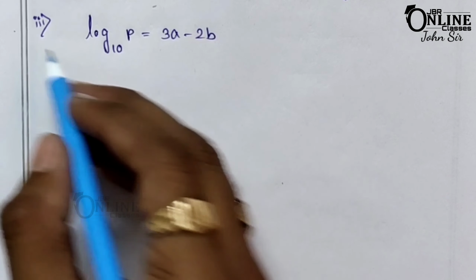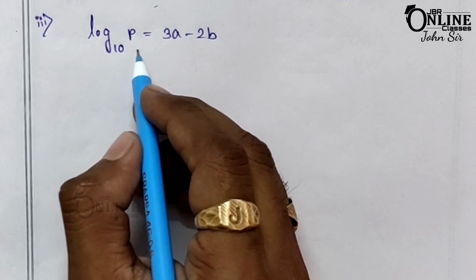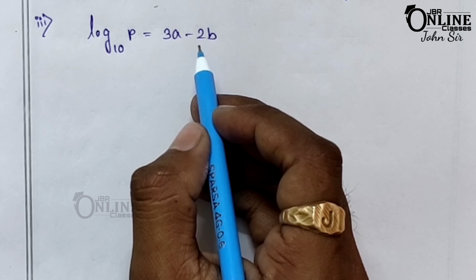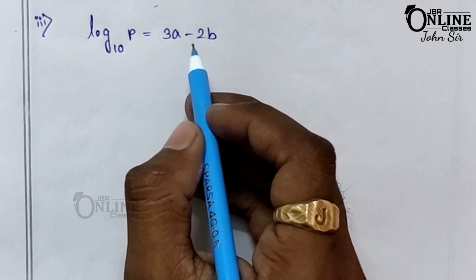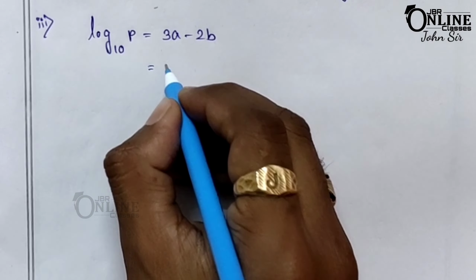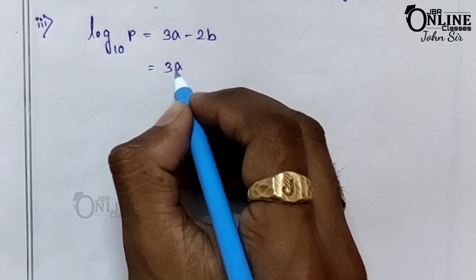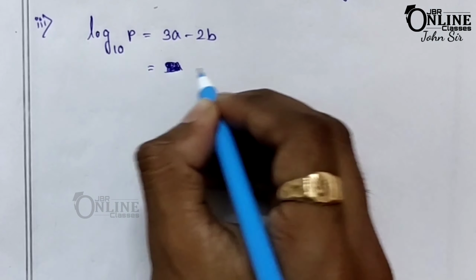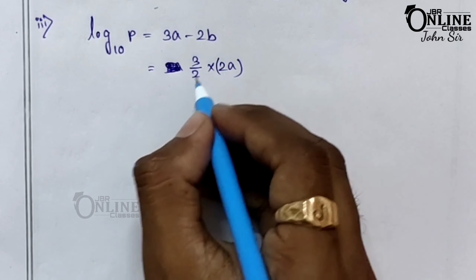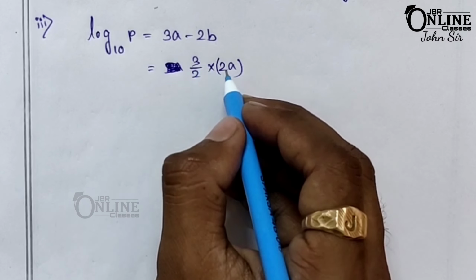Now 9.3. Log 10p equal to 3a minus 2b. Express p in terms of x and y. So here 3a, you can write in this form, 3 by 2 into 2a. 2 cancel out and you will get again 3a.